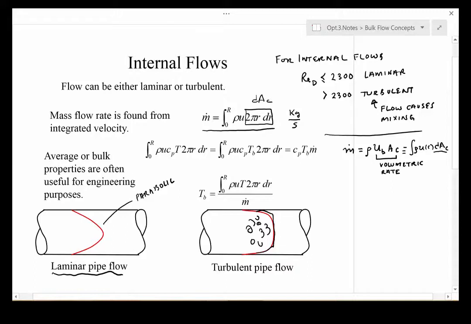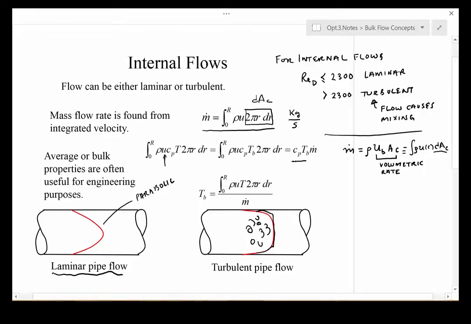In terms of the average or bulk temperature, it's a little bit more complicated. So the bulk temperature, notice, is defined in terms of a velocity also. And the reason for this is that we want the bulk temperature to be energy conserving. So that's the thing that we care most about in problems of this type.